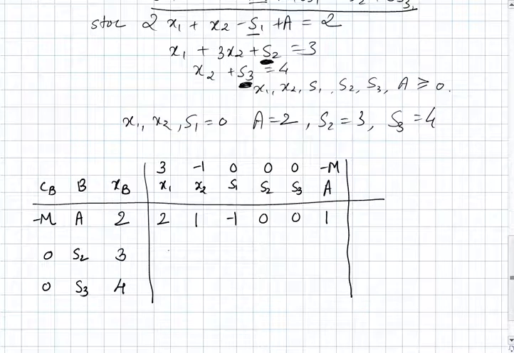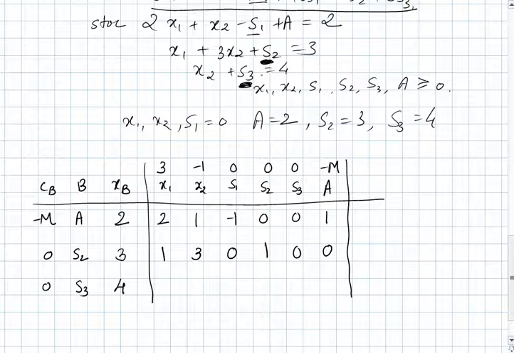Then from the second constraint we are having 3, 1. x1's coefficient is 1, then x2's coefficient is 3, then s1's coefficient is 0, s2's coefficient is 1, s3's coefficient is 0 and a is not there.